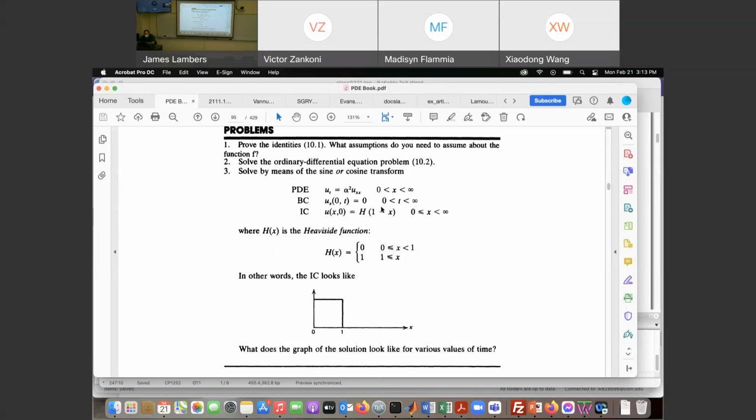Are we replacing that with the new definition and using 1 minus x, or are we replacing it with h of x? It's still this, where h of x is not this, but the correct definition. Okay. Yeah.